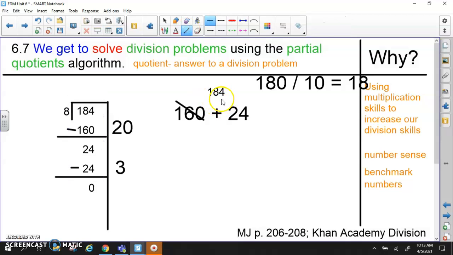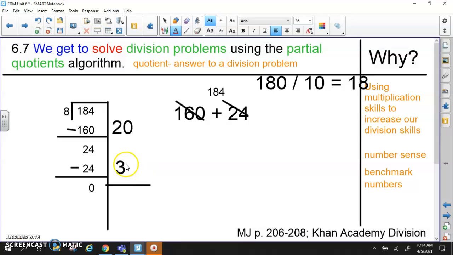So out of that 184, I divided the 160 by 8, and I divided the 24 by 8. That means I've taken care of everything there. So what is left over, the quotients, are these numbers off to the side. And the best thing to do is add those two quotients together.